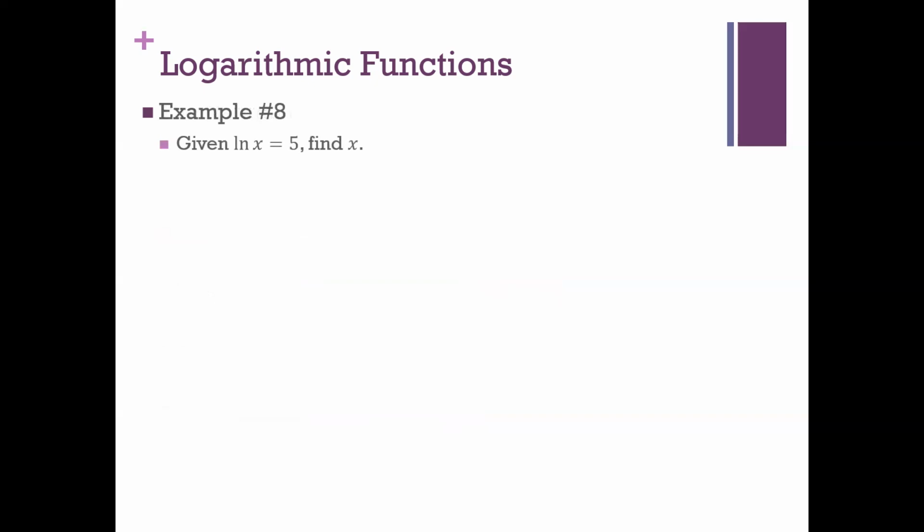All right. So given the natural log of x equals 5, I want to find the value of x. If you know what logarithms say, you can pretty easily re-express this. There's this idea I talked about of exponentiation. This is absolutely something you're allowed to do.